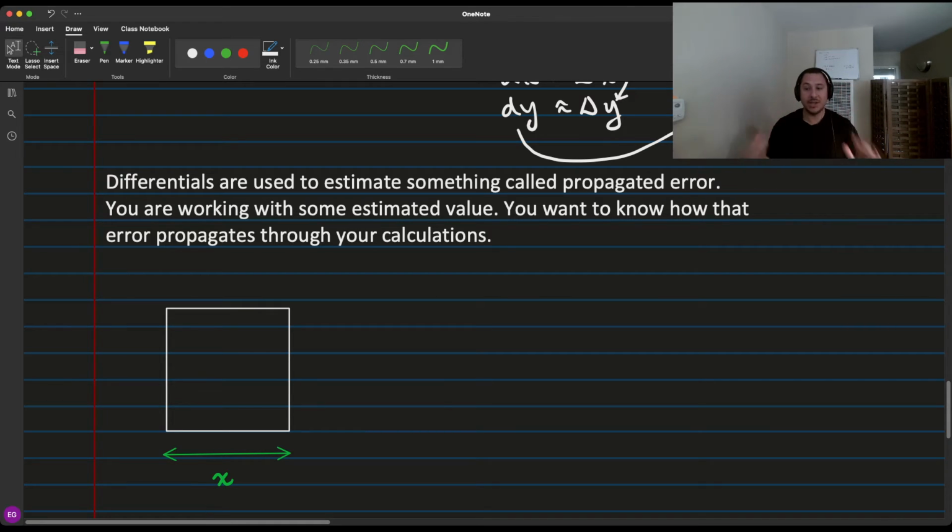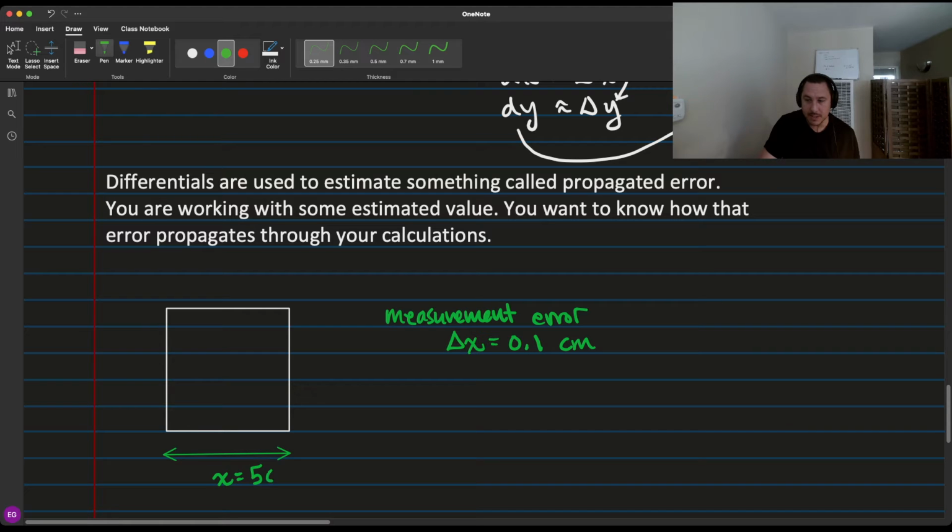There's something called a measurement error. Have you taken a physics class where they tell you your instrument is only accurate to whatever amount? So we're going to say that your measurement error is 0.1, and let's say we're measuring in centimeters. So let's say that you measure the side of this square as 5 centimeters.